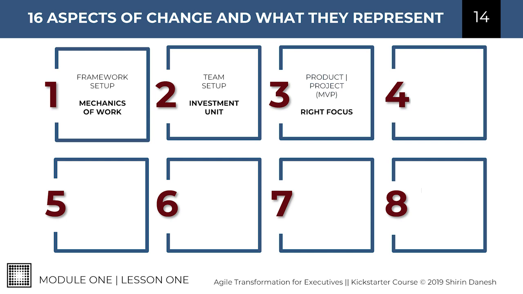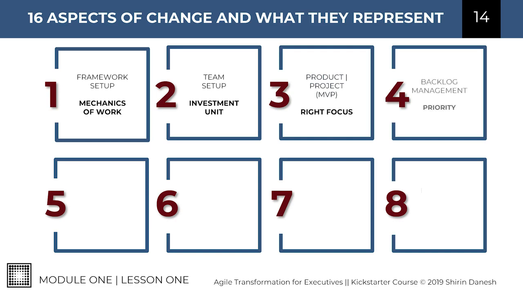Product, however, is one of your assets that hopefully will stay alive for a very long time and it doesn't really stop. What's important about this point is that you know that a team always has the right focus and is working on building the right thing at any point of time.